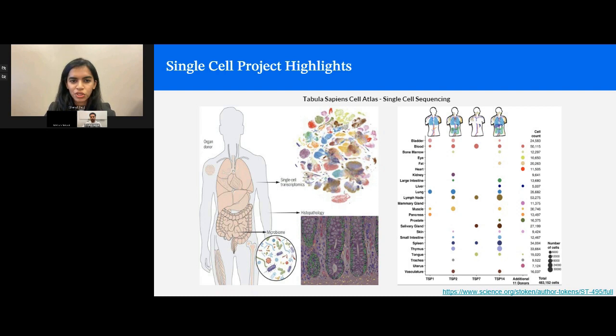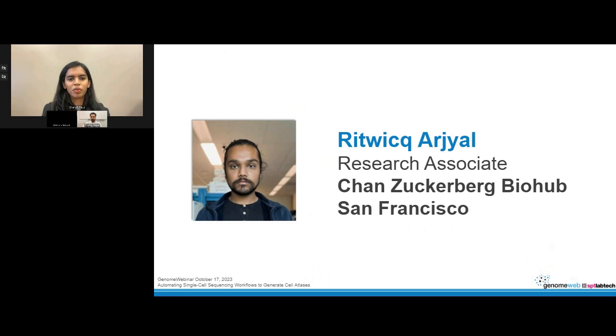So this was a huge collaboration and a huge initiative, which obviously needed a lot of automation, which is why we are all here to talk about automation. So Ritvik here is gonna take over and talk about how we've incorporated automation into our workflows.